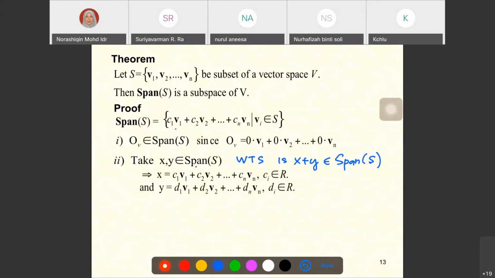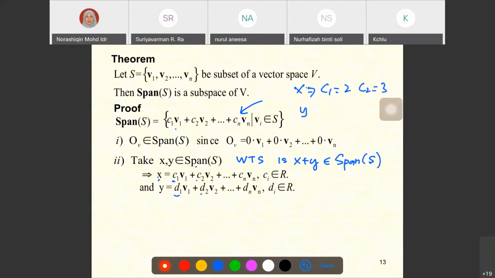Y is also a linear combination. So X is equal to C1 V1 plus C2 V2 and so on. Y is equal to D1 V1 plus D2 V2. The coefficients are not the same. For example, for X, maybe C1 equals 2, C2 equals 3.